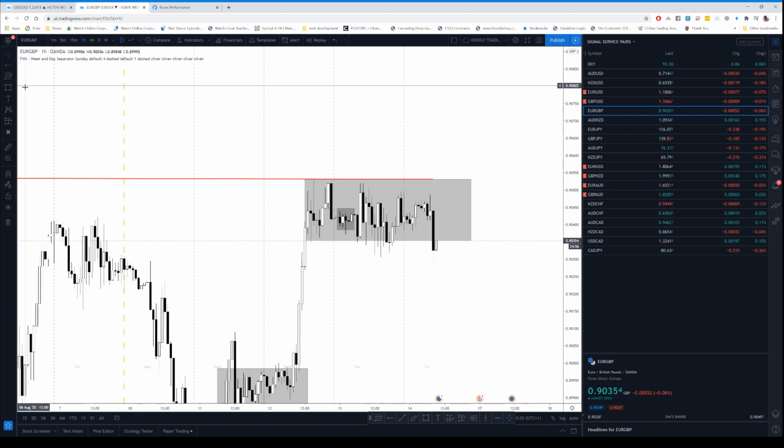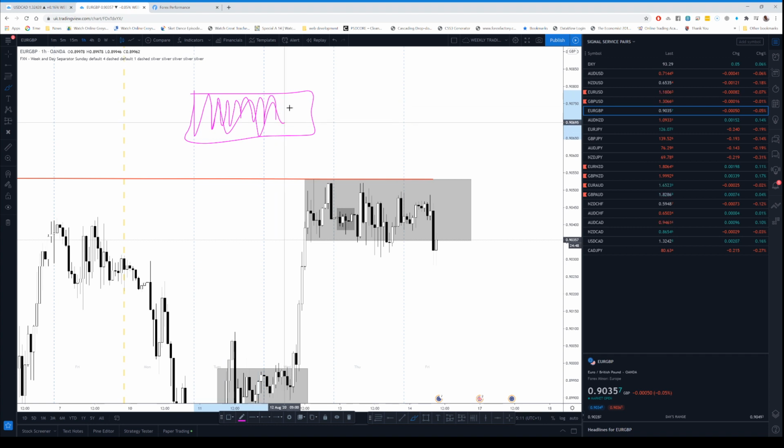objectives. So when we are in a consolidation like this, you want to be paying attention, because this is where they are making business. When price is in a consolidation like this, that's when they are making business.